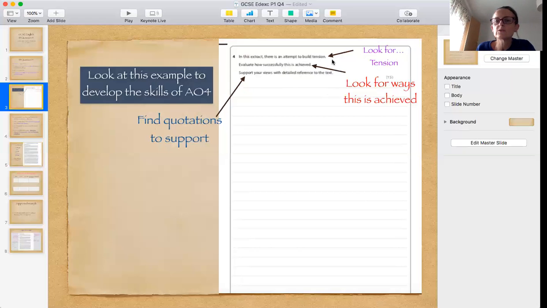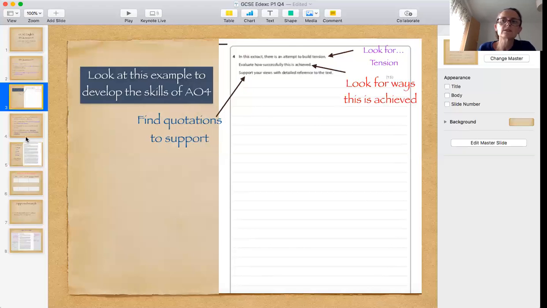So that first bit here, in this extract, asks you to look for tension. So you're looking for tension in the text. And successfully achieved, you want to look for ways this is achieved. And the last bit, find quotations. So that's the frame of your answer. Look for tension, the ways the writer achieves it, and find quotations.